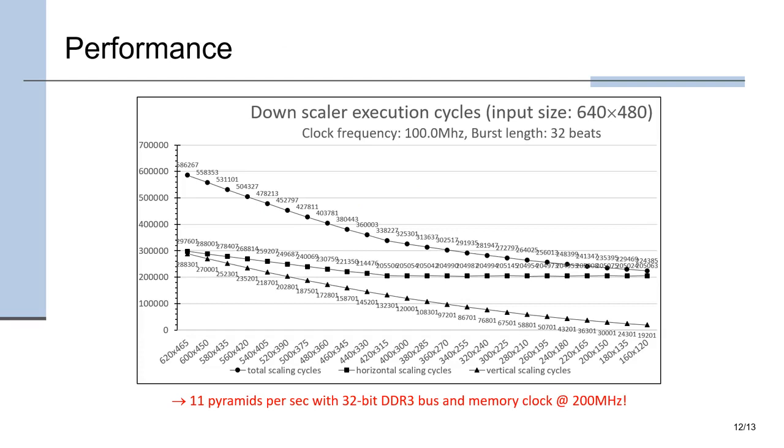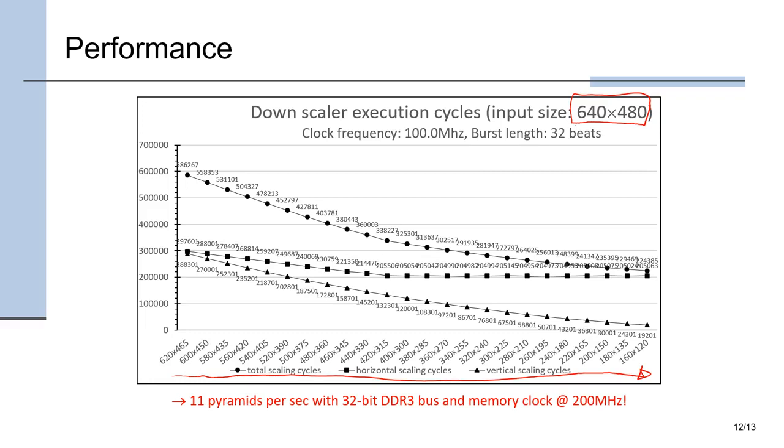Here we show you the clock cycles it takes to scale the original input image of 640 by 480 down to various resolution scales. We show how many clock cycles it takes to do horizontal scaling for different resolutions, vertical scaling for different resolutions, and then finally the overall time to scale the original image to different resolutions.